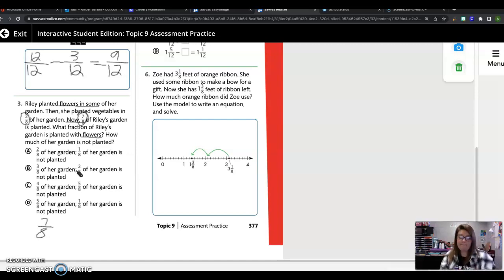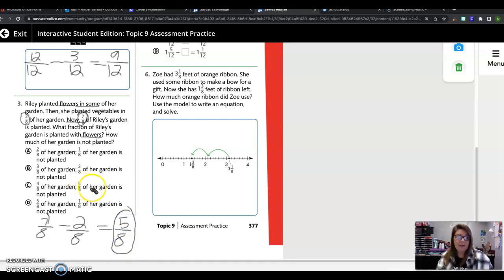We could do 7/8 minus 2/8, right? Because we know 7/8 is the total amount that she has planted, and 2/8 of that is going to be vegetables. So let's solve that. 7/8 minus 2/8 is what? 5/8. Excellent. So 5/8 of her garden is going to be planted with flowers.